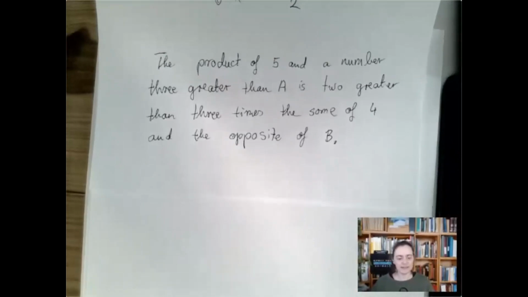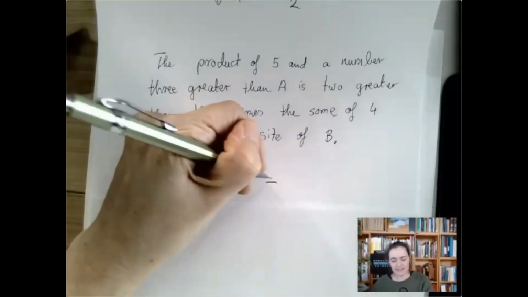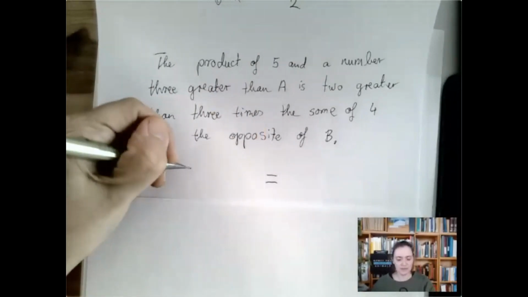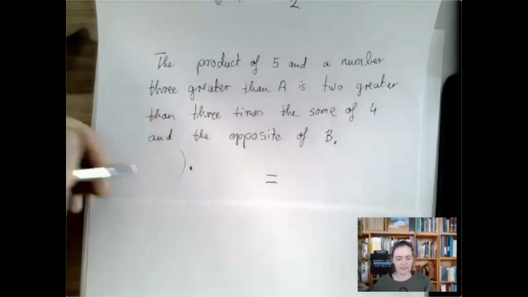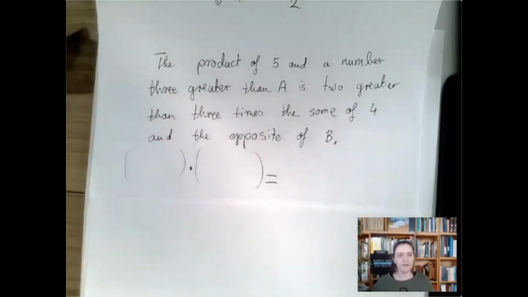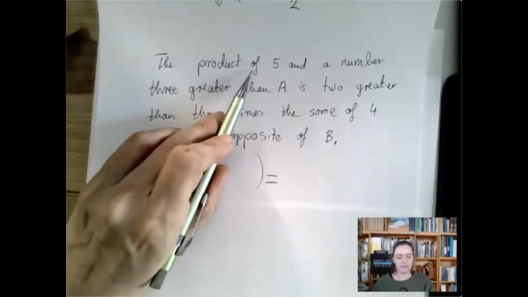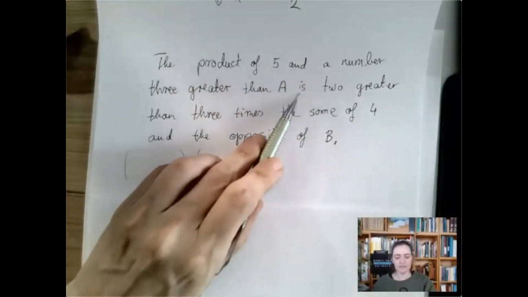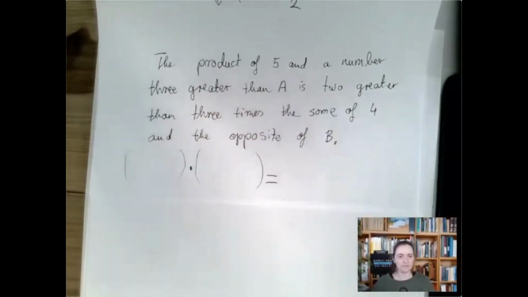So the left-hand side is the stuff before the word is kicks in. What is that? It's a product. So when it's a product, we're going to multiply 2 things, right? What are those 2 things? Well, one of them is between the word of and the other one is, well, until the word is, right?